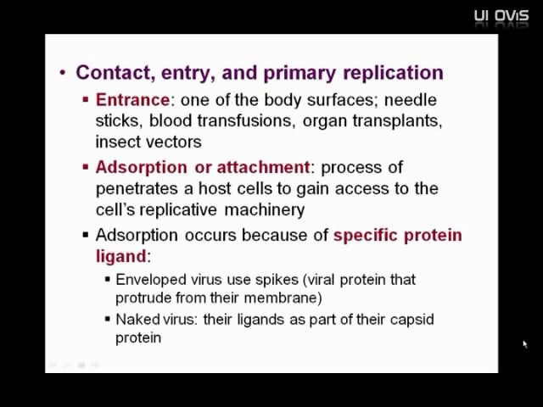There are two kinds of viruses, enveloped virus and naked virus. The enveloped virus will use spikes to attach to host cells. The spikes are viral proteins that protrude from their membrane. And the ligands of the naked virus are part of their capsid protein.